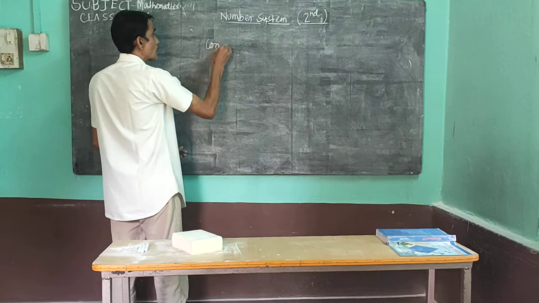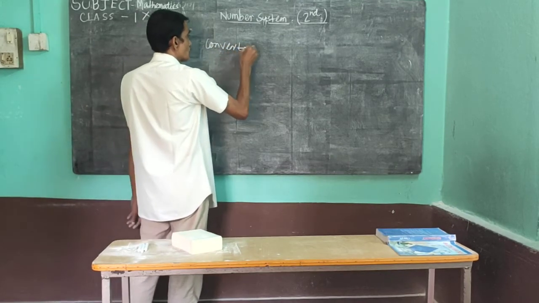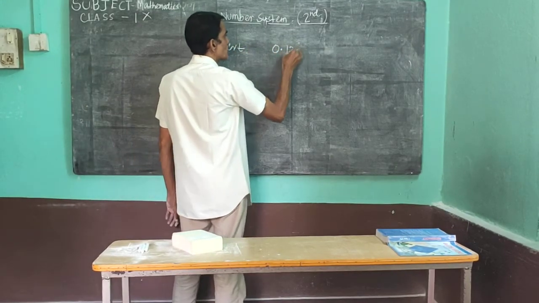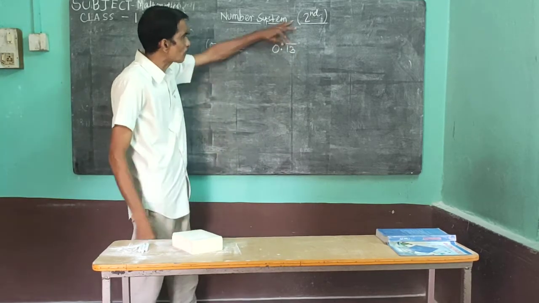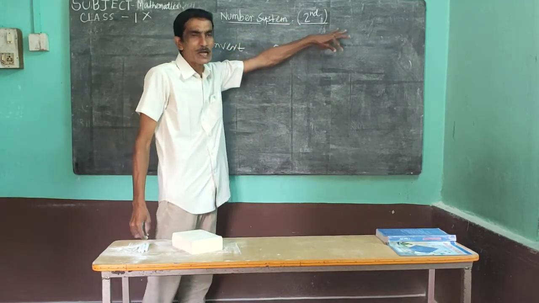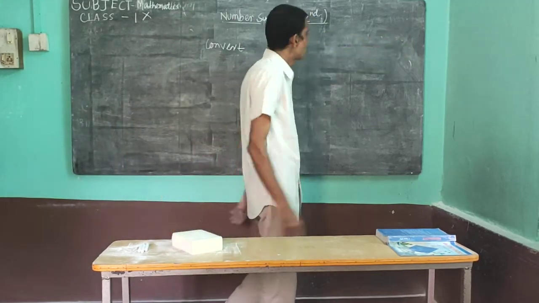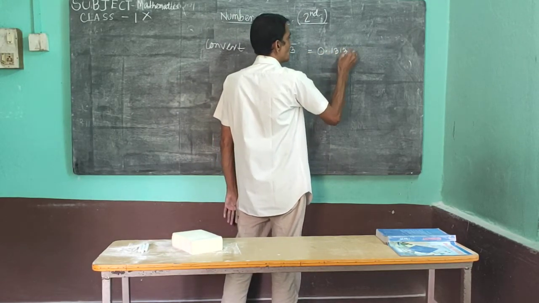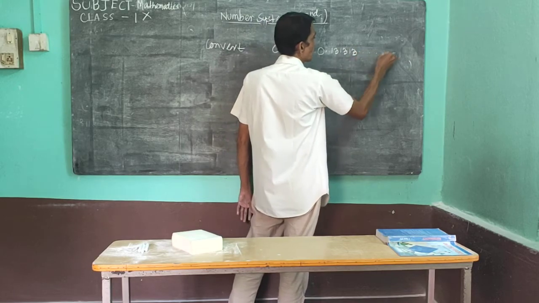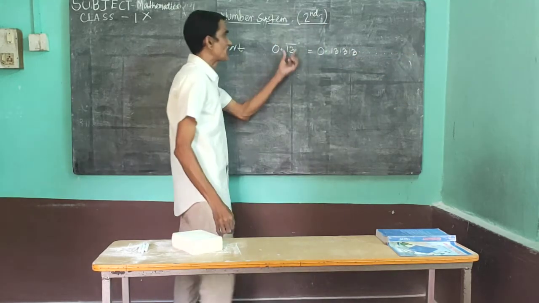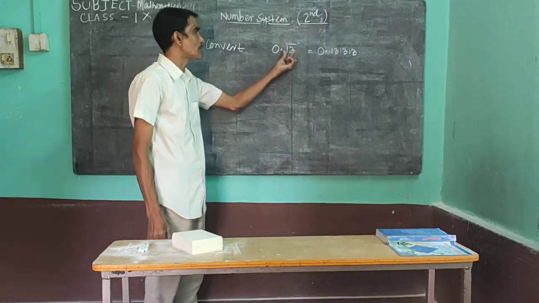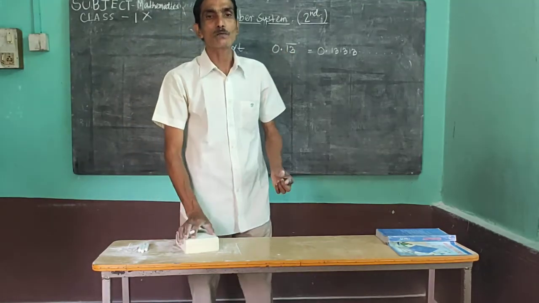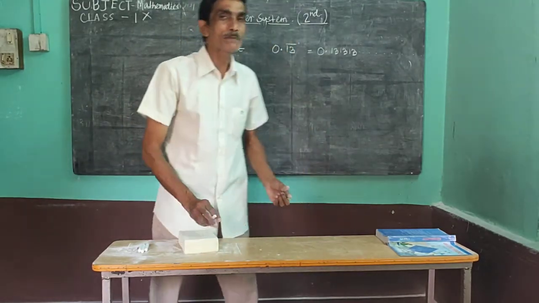convert 0.13 bar. That means the number 13 repeats infinite times. You can also write this as 0.13, 13, 13. It is a recurring decimal. Recurring means the numbers are repeated.